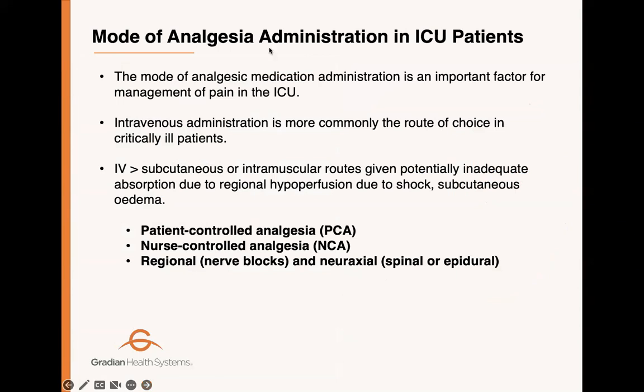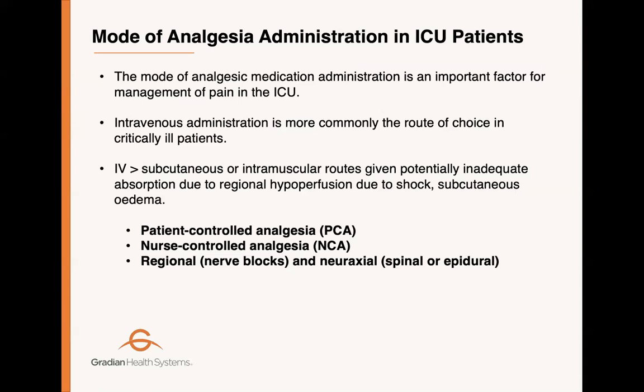Next, Mariam. So with that being said, there are different ways we can give analgesia in normal patients, and we all know about that. But in ICU, the most preferred route for analgesia is intravenous. This is because with subcutaneous, intramuscular or even oral routes in critically ill patients, we are not sure how much of the drug can reach the system.